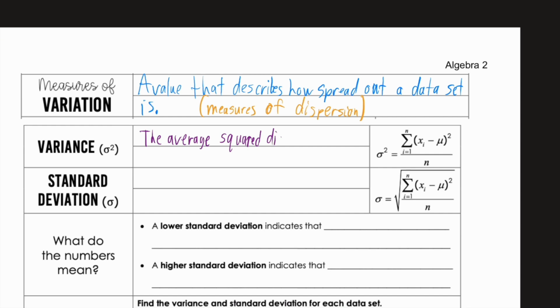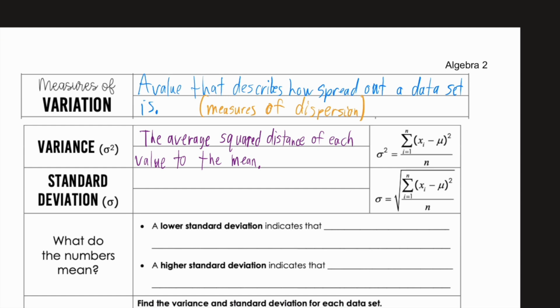That's pretty rough, even for me. The average squared distance of each value to the mean. I'm going to write from the mean. Oh, no, to the mean is probably better, actually, now that I think about it. I'll explain why in a little bit.